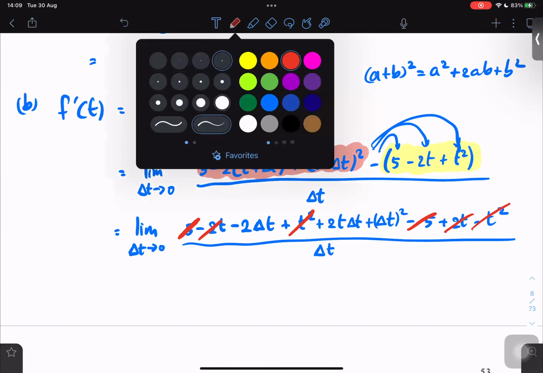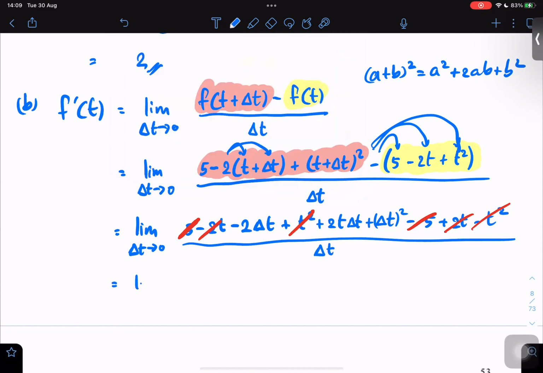You will be left with the limit as delta t goes to 0 of minus 2 delta t plus 2t delta t plus delta t squared, over delta t.